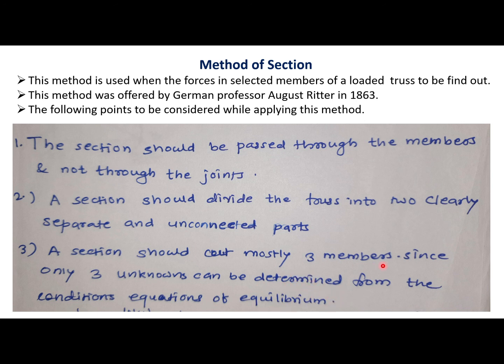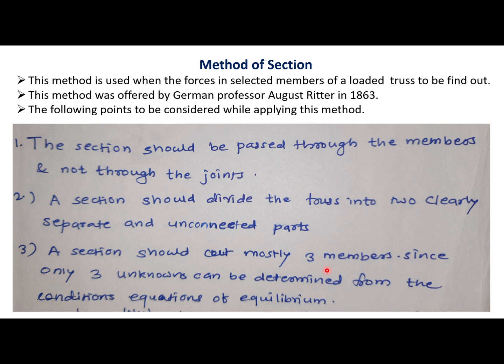Now we have seen that for solving the forces, we resolve the inclined member forces into vertical and horizontal components. Then we apply the conditions of equilibrium, right? And then we apply the conditions like the summation of vertical forces is 0, and the summation of all the forces in the horizontal direction is 0.